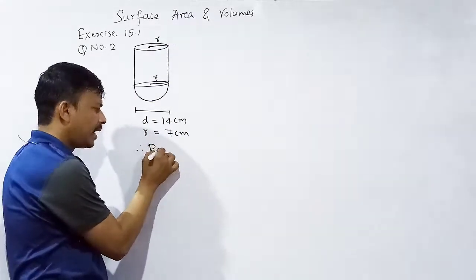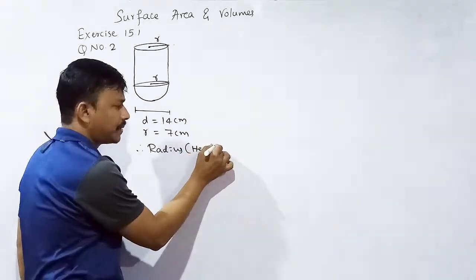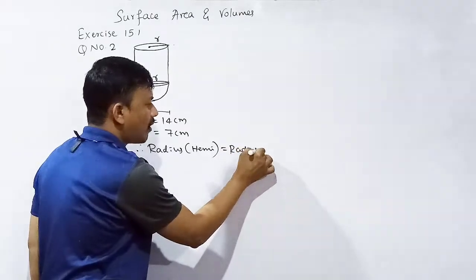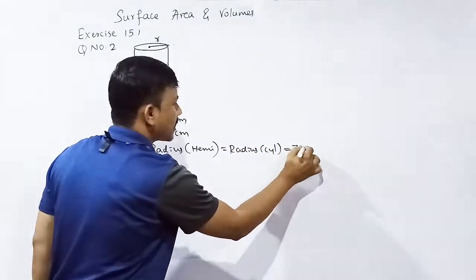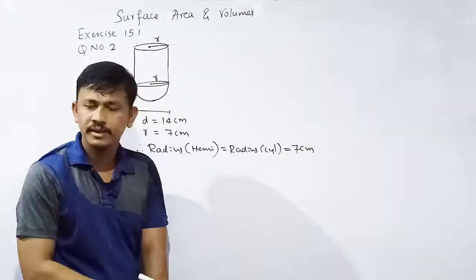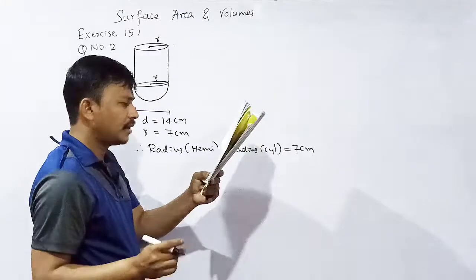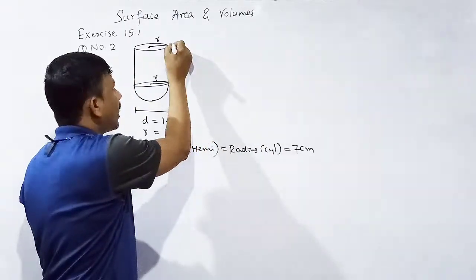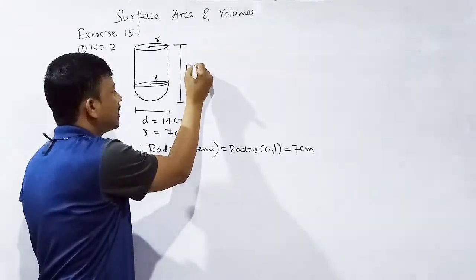Therefore, the radius of the hemisphere is equal to the radius of the cylinder is equal to 7 centimeter. Correct? Okay. Next, what is the height of the cylinder? Total height or height? The total height. They have given the total height. What is the total height here? 13 centimeter is the total height.